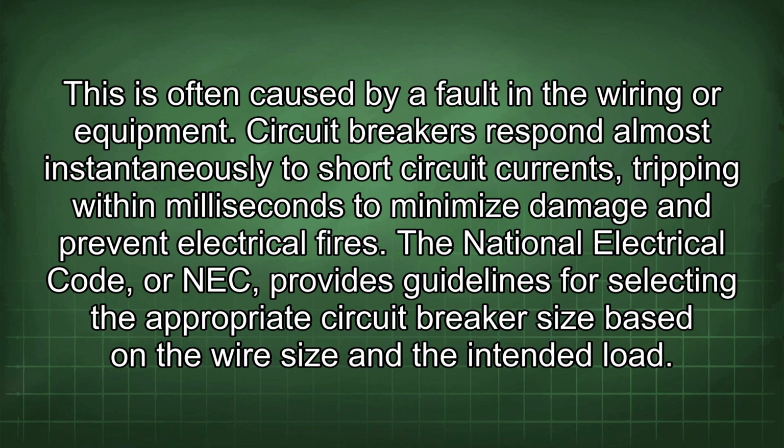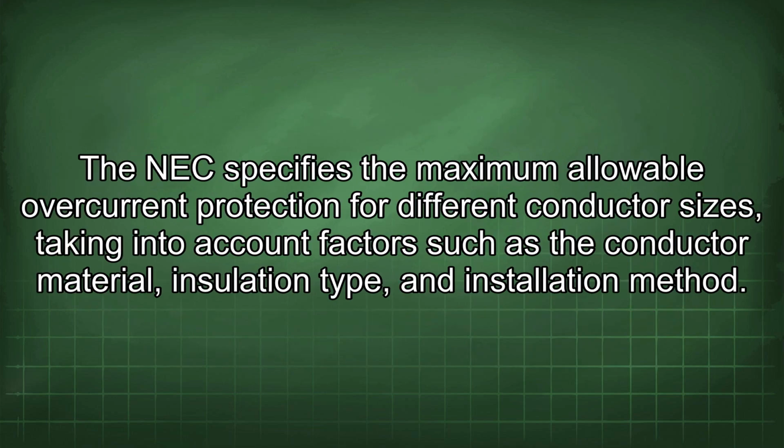The National Electrical Code, or NEC, provides guidelines for selecting the appropriate circuit breaker size based on the wire size and the intended load. The NEC specifies the maximum allowable overcurrent protection for different conductor sizes, taking into account factors such as the conductor material, insulation type, and installation method.